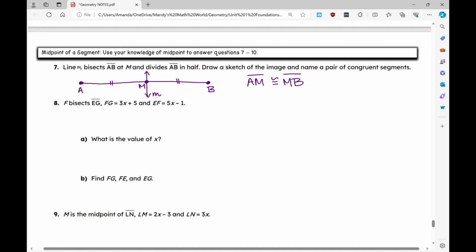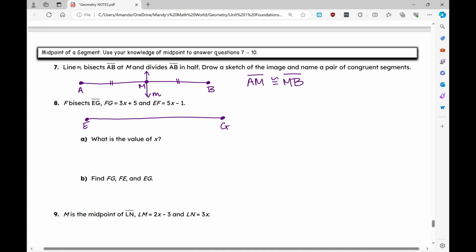Number 8, point F bisects segment EG. The length of FG equals 3x plus 5, and the length of EF equals 5x minus 1. So here I have, let's draw a picture, segment EG. I draw big segments because I don't know how much writing I'm going to put down.